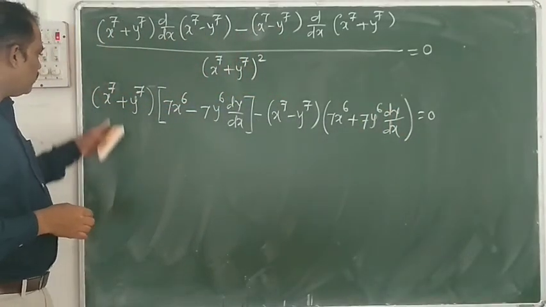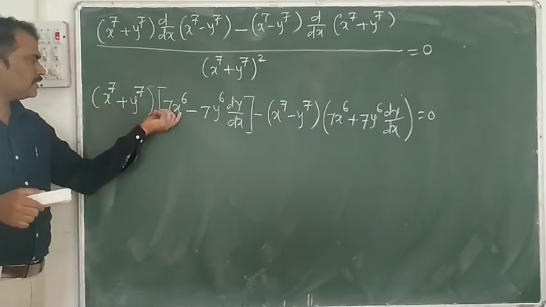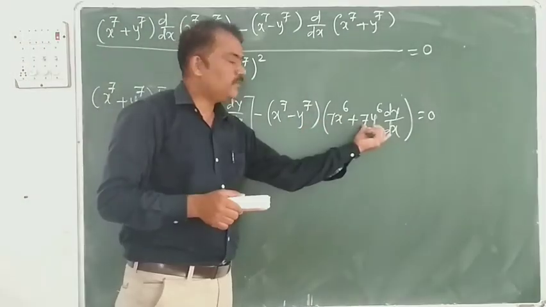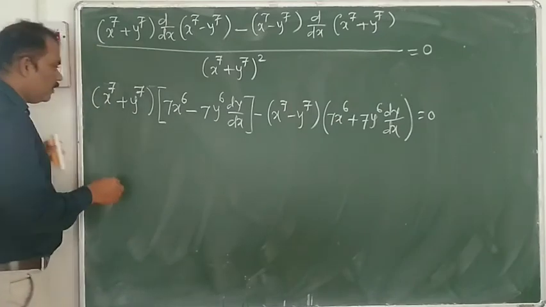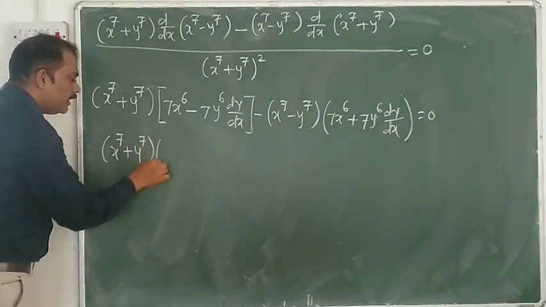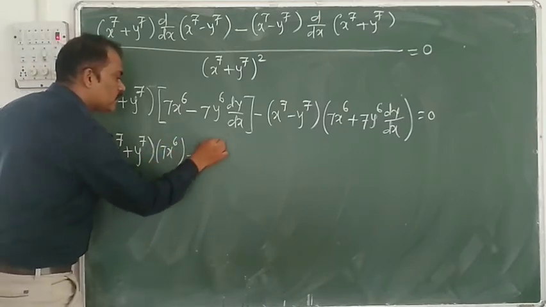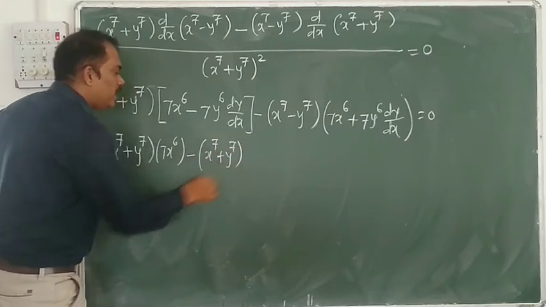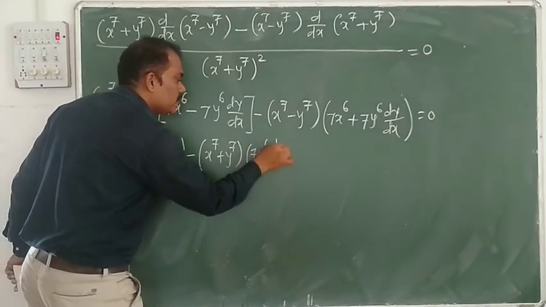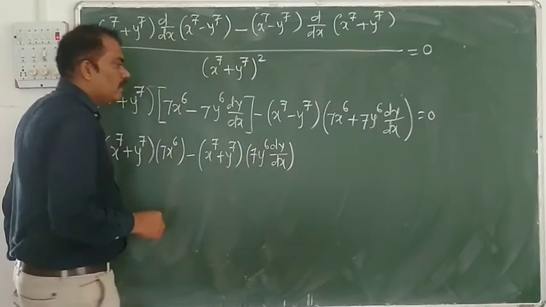Okay. Now we have to multiply inside this whole bracket: this bracket into the first term, this bracket into the second term, this bracket into the first term, this bracket into the second term. So what we have to write: (x^7 + y^7) into 7 times x^6, minus (x^7 + y^7) into 7 times y^6 into dy/dx.